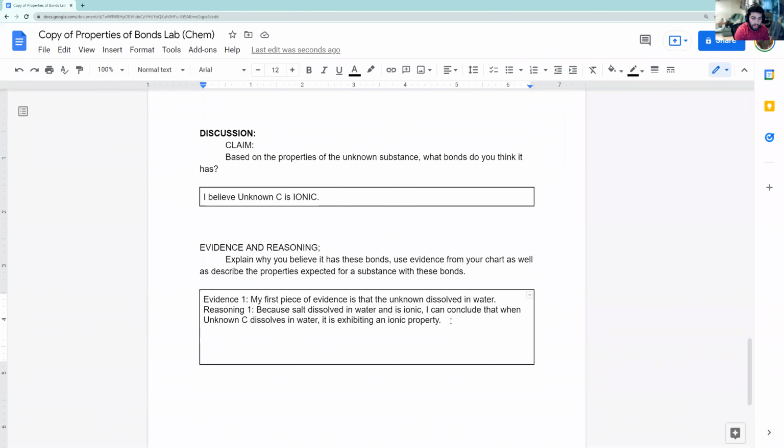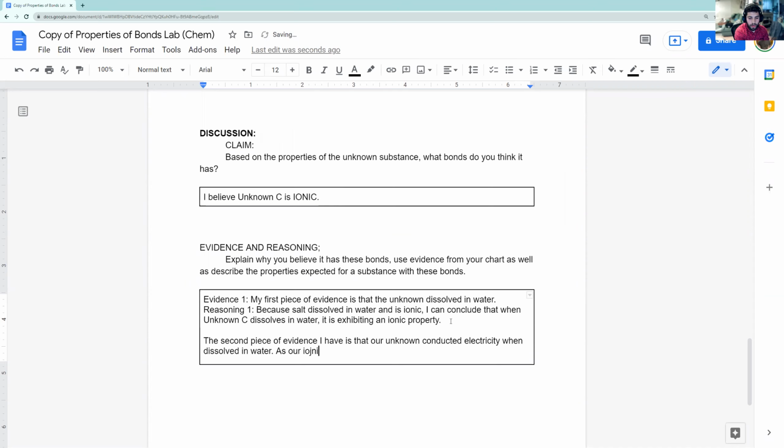So with evidence 2, I'll write it more paragraph-wise. The second piece of evidence I have is that our unknown conducted electricity when dissolved in water.